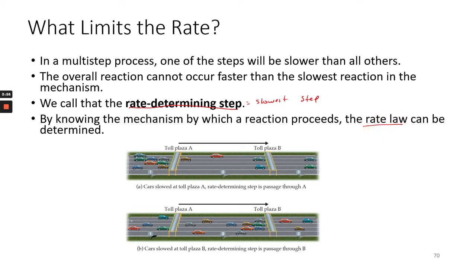If you look down here, this is an example of traveling on the highway paying a toll. In this first example, toll A is your slowest step, so that is your rate determining step. And in the second example, you notice all the cars are piled up at B, so this would be your rate determining step.